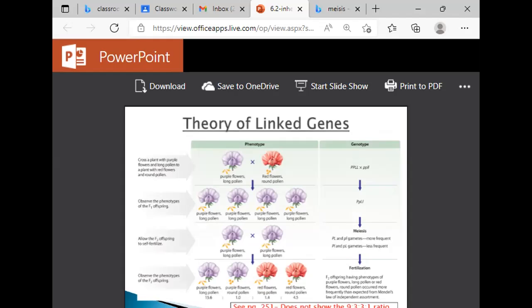What's the ratio here? The majority of them are going to be, check the numbers up there. Yeah, 15.6, let's say 16 to 1 to 1 to 5. Okay, so most of them tend to be purple and long. Why? Because if something during crossover is getting crossed over, they tend to get the color gene for purple as well as the long pollen grains together.